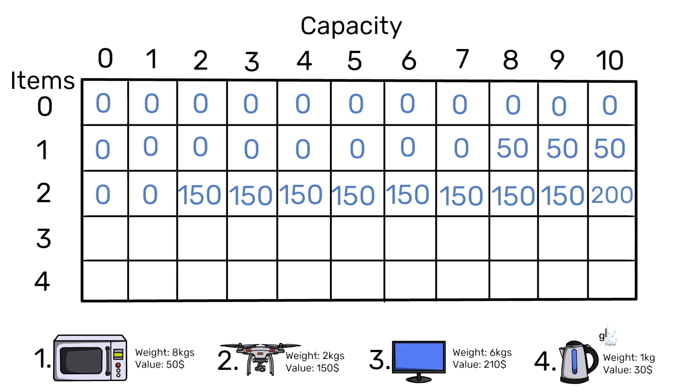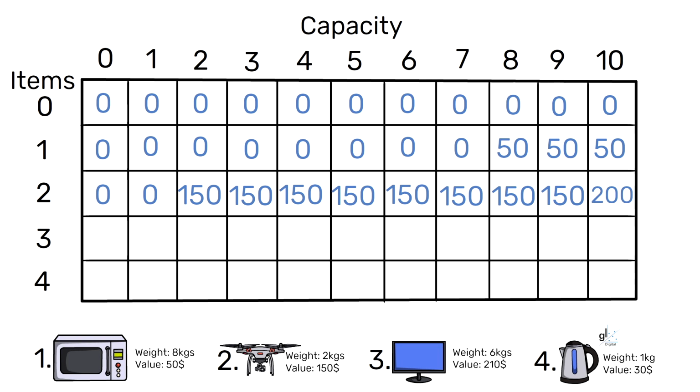At this point, our code has recorded all relevant values in the data array regarding the microwave and the drone. These items have now been considered against all relevant capacity considerations. So the next increment for the outer loop executes, and the next item, the monitor, will be considered against each relevant capacity. So our code now considers the third item.